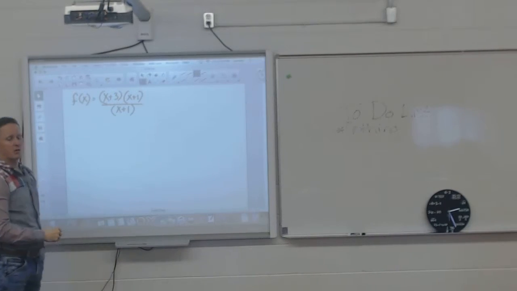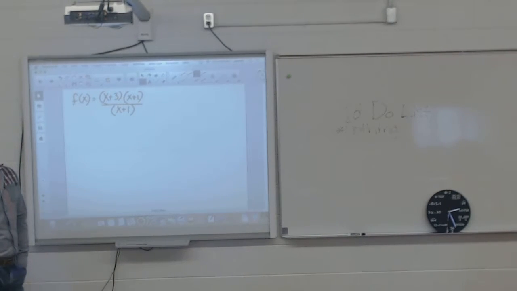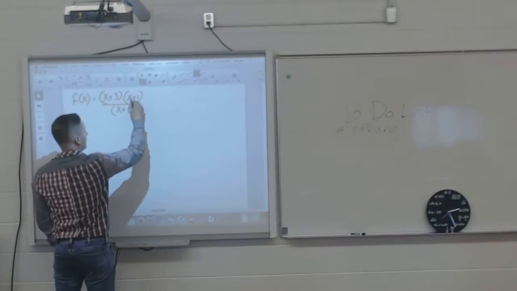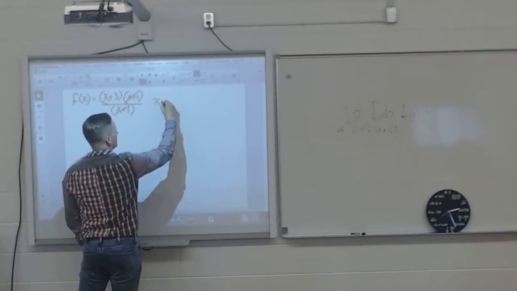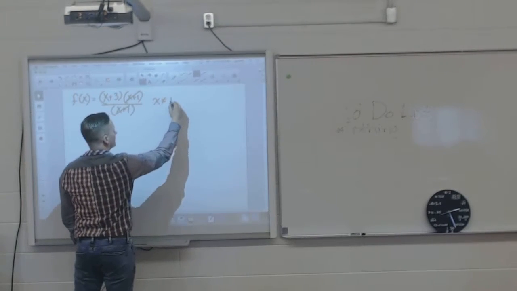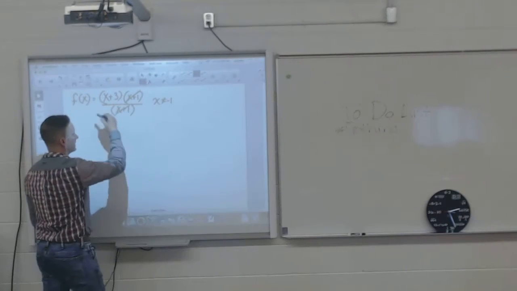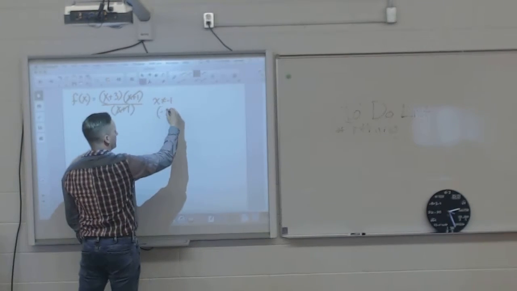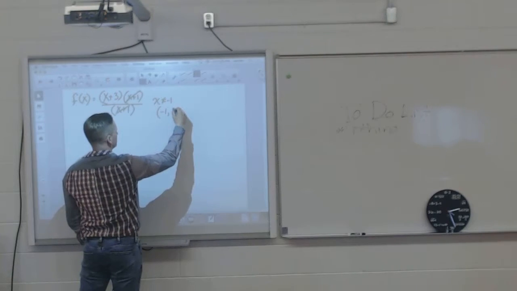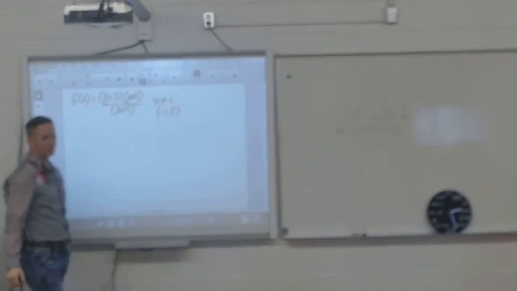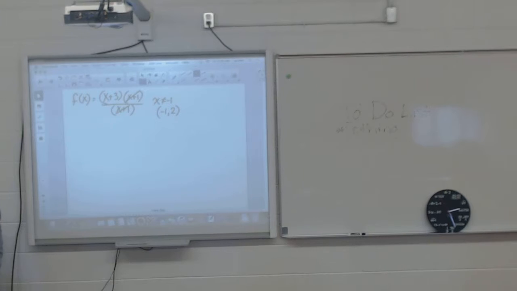So what do we notice? Yes, a point of discontinuity. And it's at x can't equal -1, right? Plug that in. The coordinate will be -1 and 2, just by plugging it into the equation.